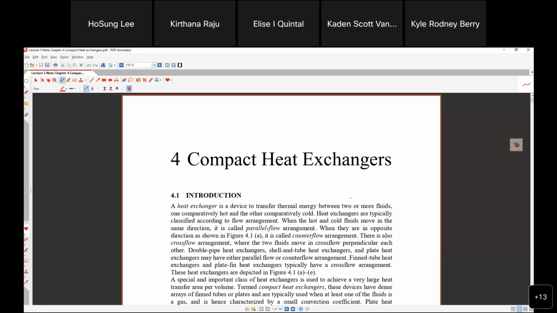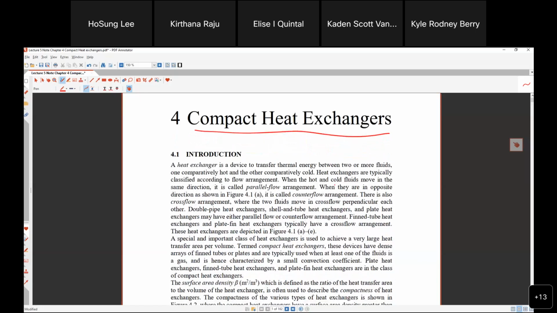So, compact heat exchanger, chapter 4. I'm using my file, so page numbers are a little different from the book. I have to use a PDF.